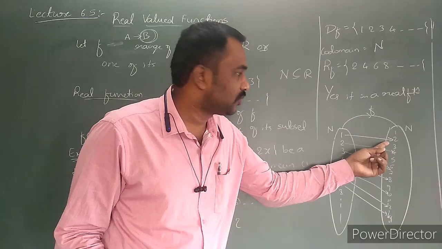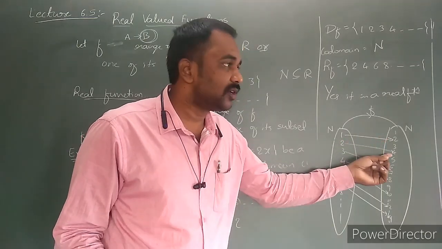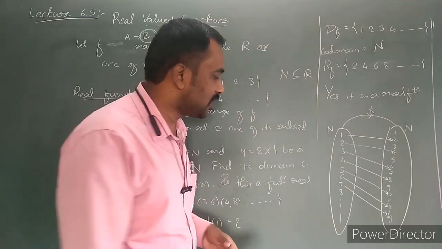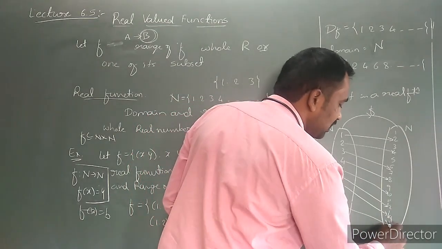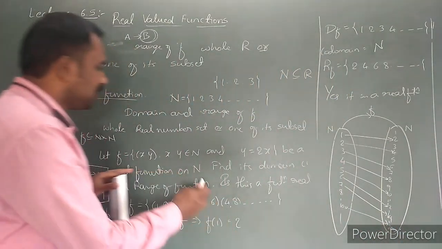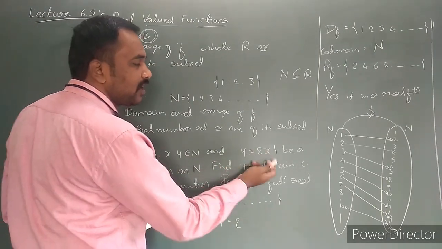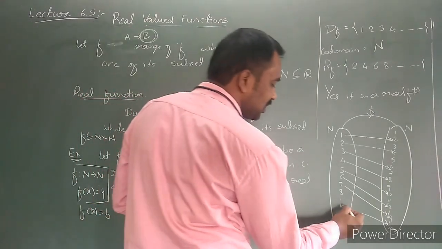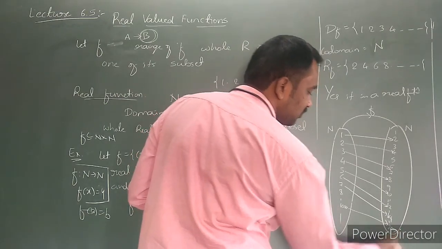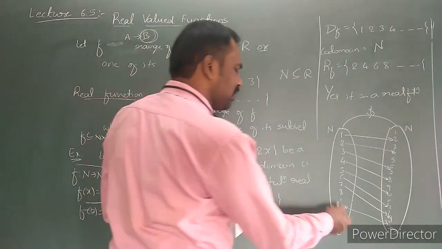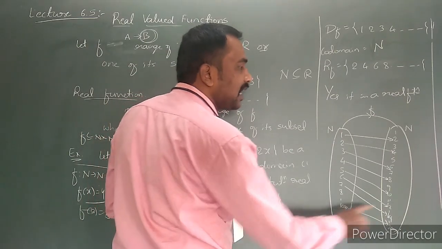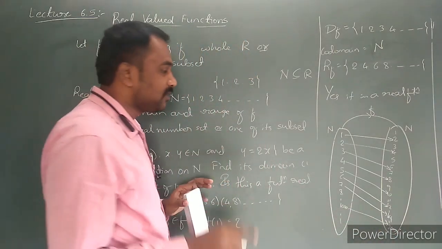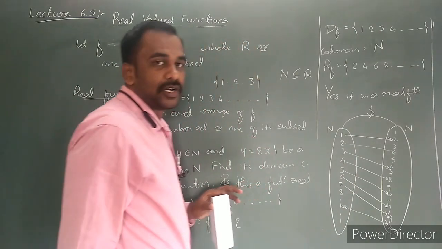Element 1 has only one image. 2 has only one image. 3 has only one image. For example, 100. What is the image of 100? Image of 100 is 200, because if you replace x as 100 here, y is equal to 200. If you replace x as 1000, what is the image of 1000? 2000. Like that. Whatever number you choose from this set has only one image, therefore obviously it is a function.